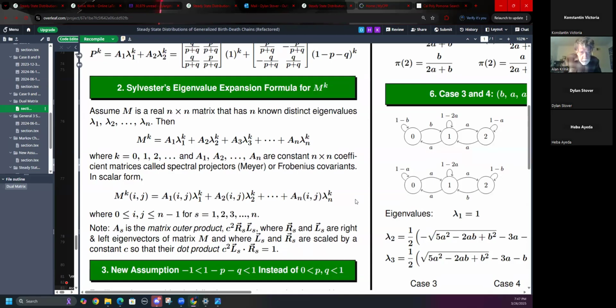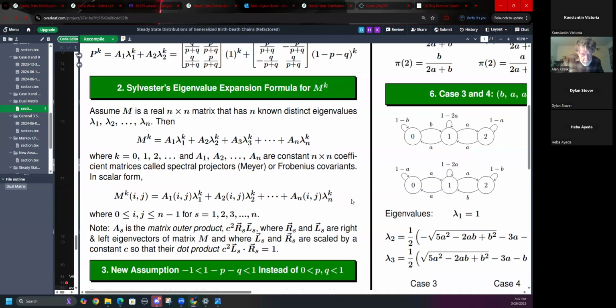The M to the k formula is very nice in this sense, and I think you said it, but I'm stressing it. If you want to find the kth power of an M matrix, it's very work intensive, because there's a lot of products that you have to do.